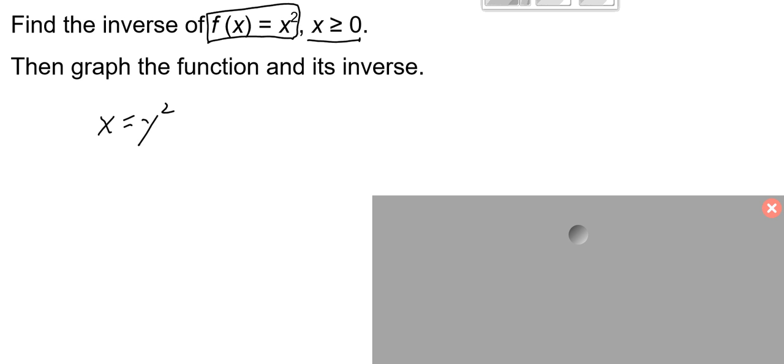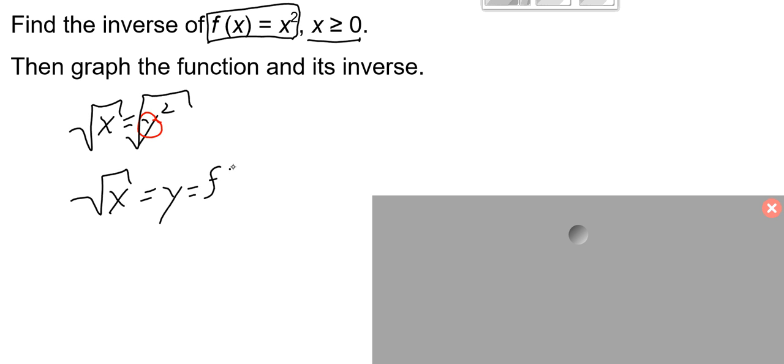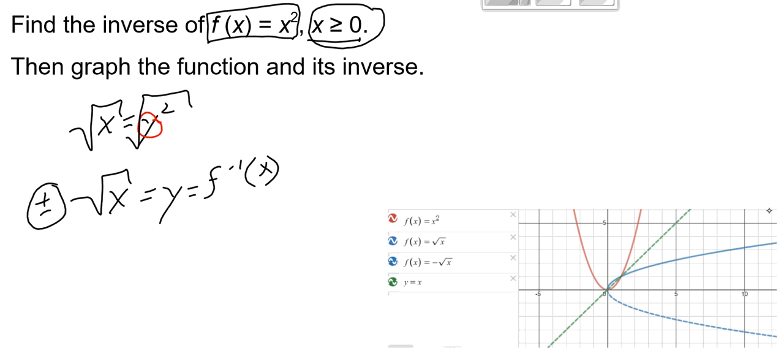So when you're trying to get y by itself, we are going to square root both sides. And we get square root of x equals y, or our inverse. We don't have to worry about our plus and minus because we're saying that x has to be greater than 0.